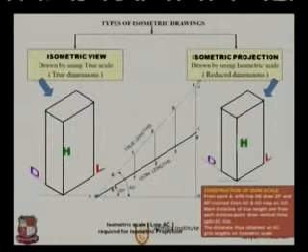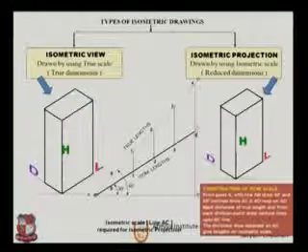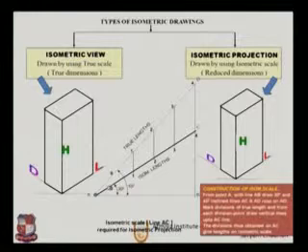So this part will be 11 segments and this will be reduced to 9 segments. So this will be the reduced length, and it is called the isometric length. Hence, in orthographic view, it is drawn by using true scale, and in isometric projection, it is drawn by using isometric scale.